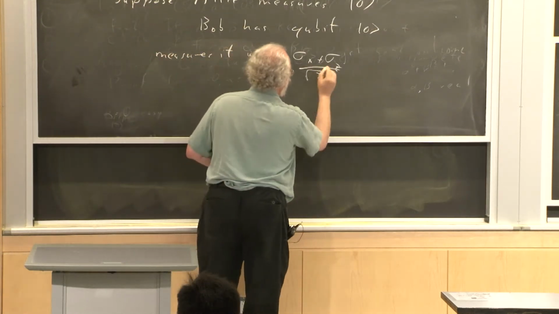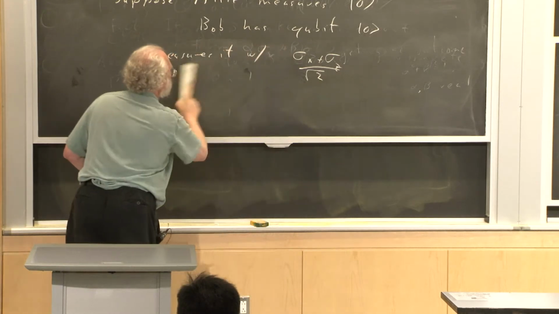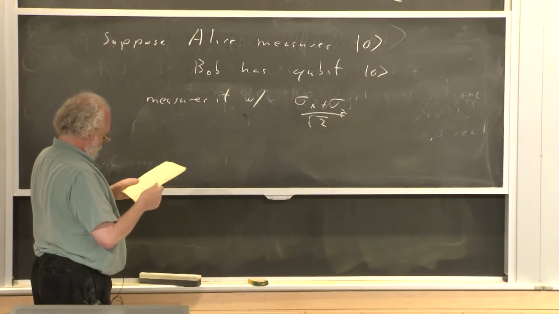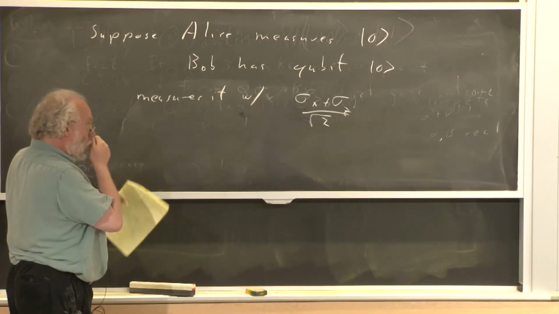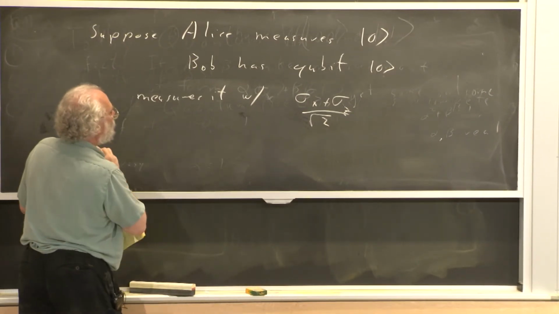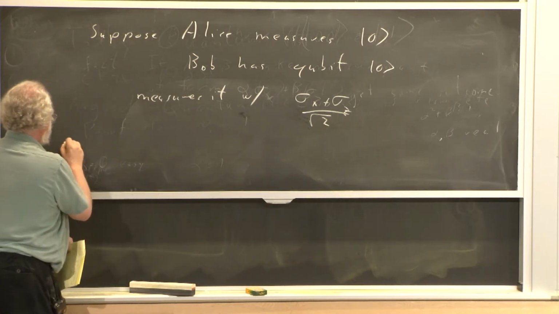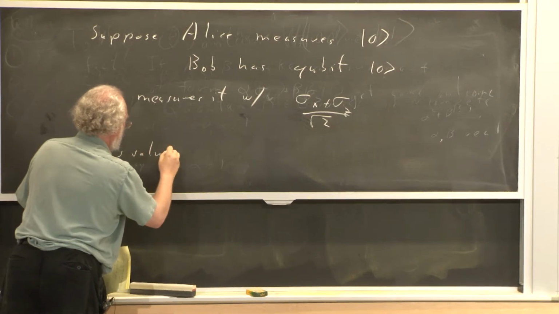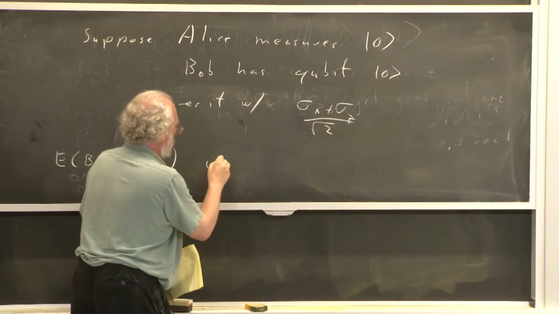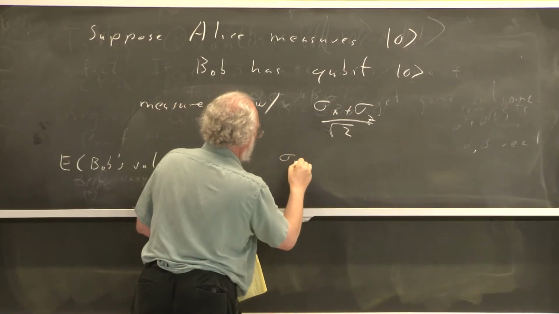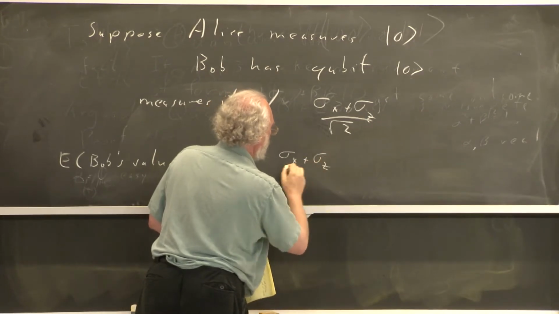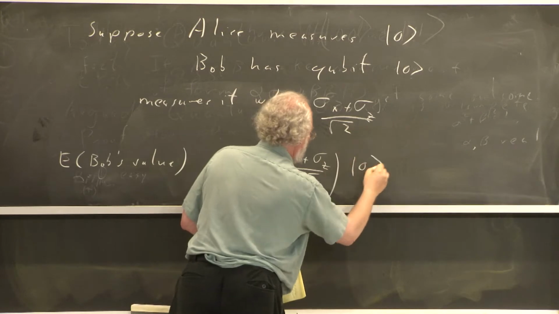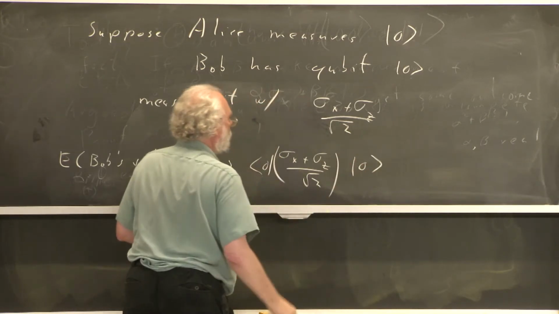This should be a root 2. Sorry. So the expectation of Bob's value is sigma x plus sigma z over root 2, sandwiched between 0 and 0.